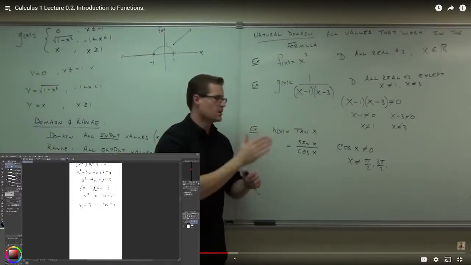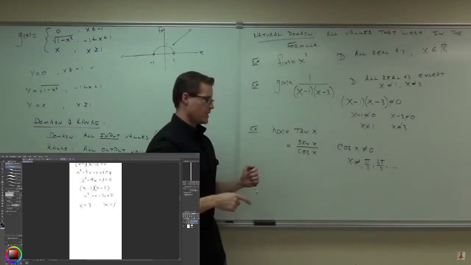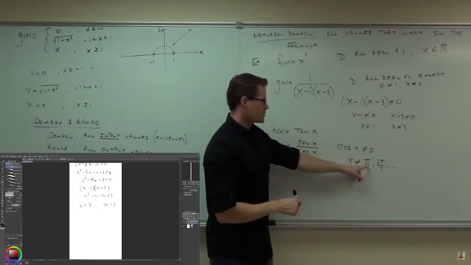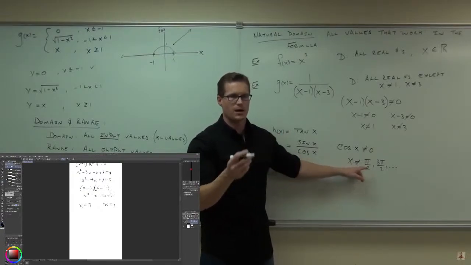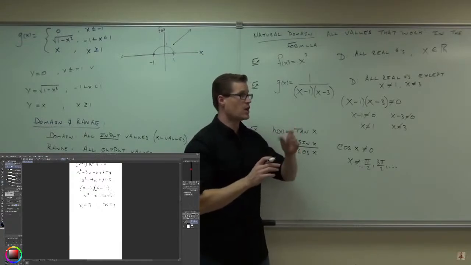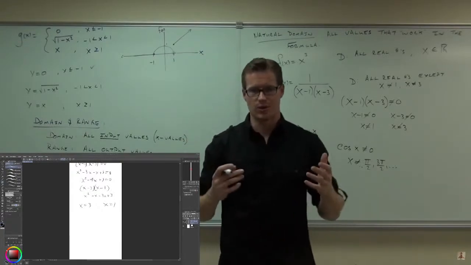It's going to keep repeating both backwards and forwards every pi from that. So pi over 2 plus or minus k pi, where k can be positive or negative integer. It's going to give every part where tangent is not defined because cosine will be 0 at those points.